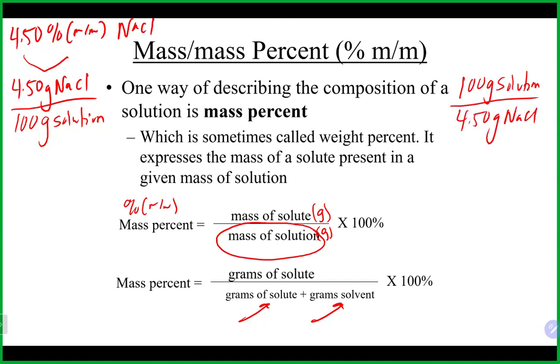That's a really good way to work some of these problems, especially if you're given the mass percent, because you can just do it as dimensional analysis. You don't have to worry about rearranging the equation, and frankly, you probably don't even have to worry about remembering the equation. Again, just get rid of the units you want to get rid of and keep the ones you don't.